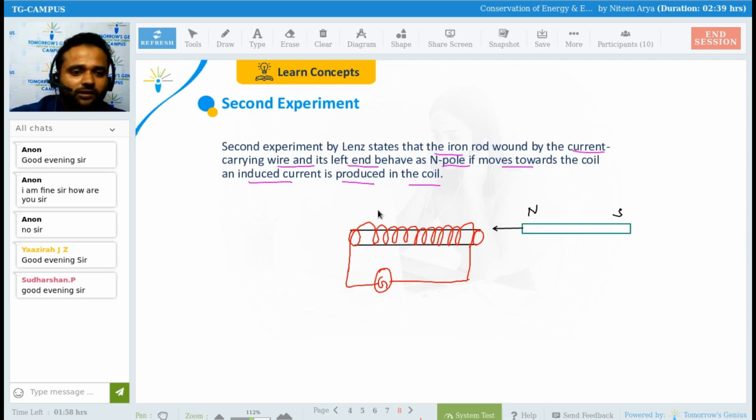Due to this electromagnetic induction, it is going to oppose, so this particular end necessarily needs to be north, this end south, and the current direction in this way. Is this clear, everyone? Then it is going to oppose, as I already explained.